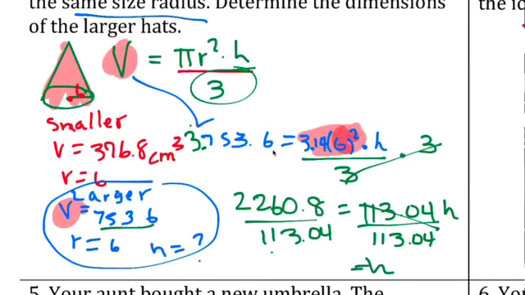H then is, let me see, 2,260.8 divided by 113.04. You get 20, the height of 20.